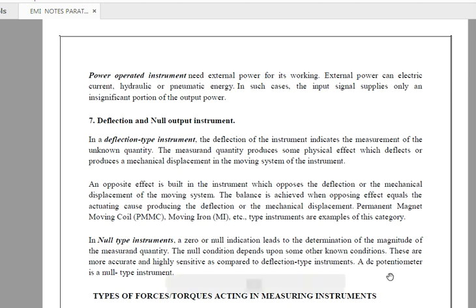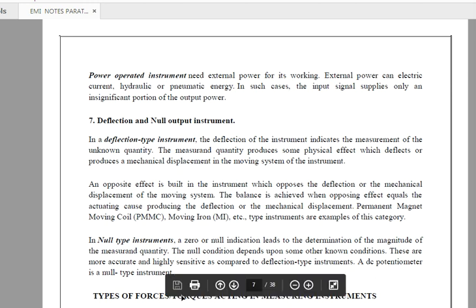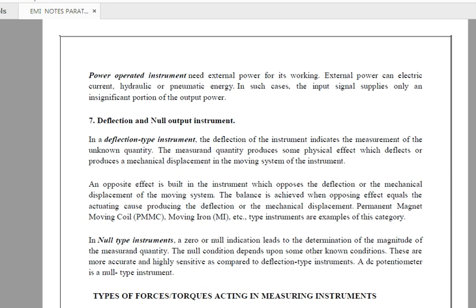A DC potentiometer is an example of a null type instrument. So, this is all about the classification of measuring instruments. There are 7 types of measuring instruments.